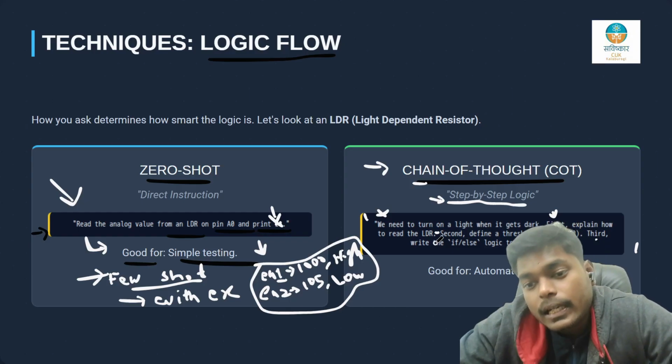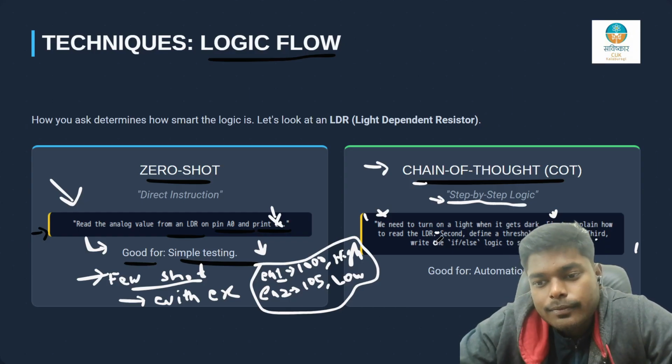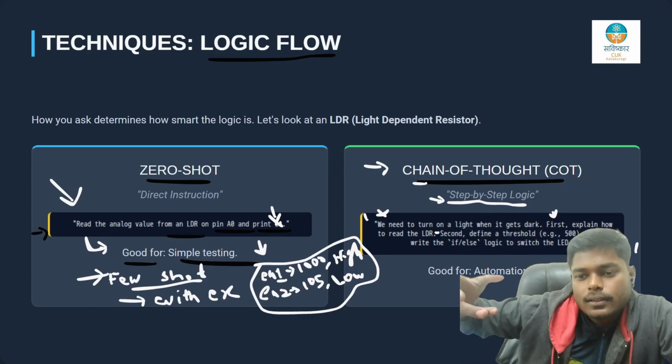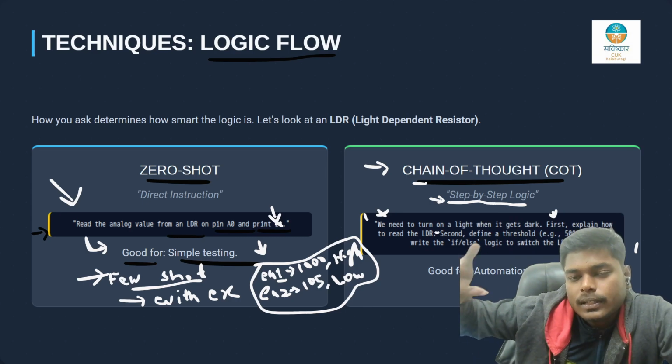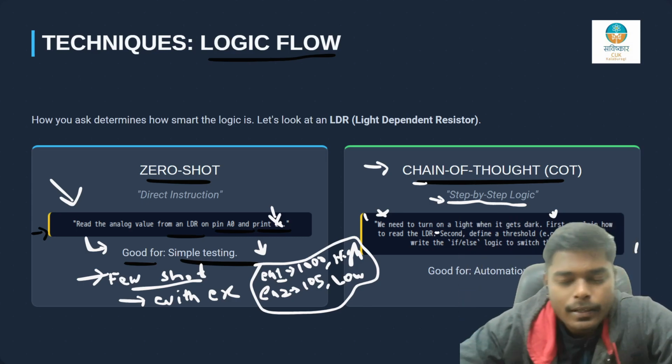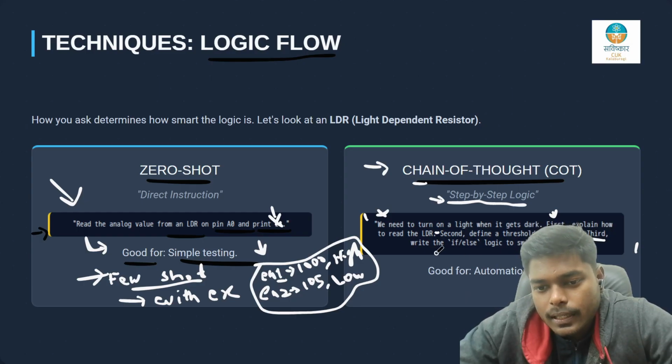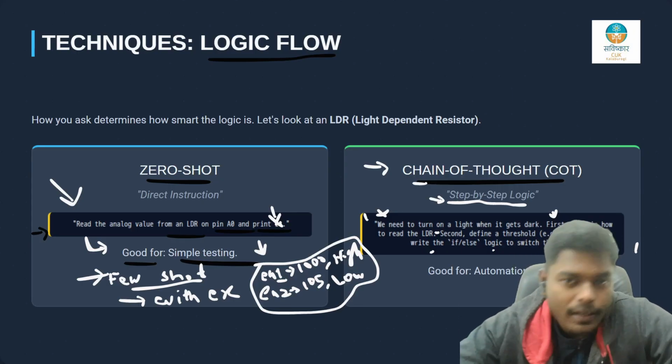Second, it will define a threshold like 500. Once the light intensity decreases below 500, my LED should turn on. Third, write if else logic to switch the LED, and it will turn on the LED if the light intensity is less than 500.